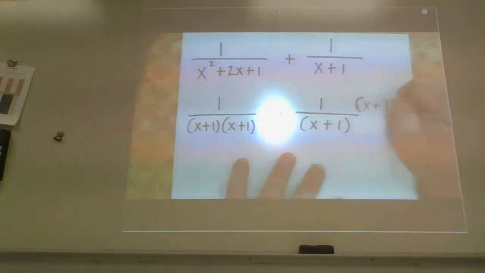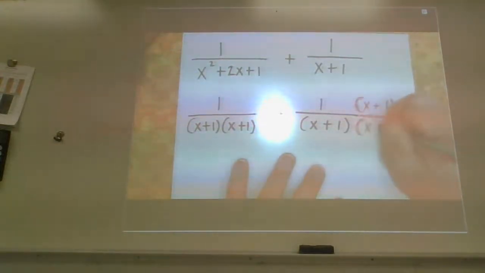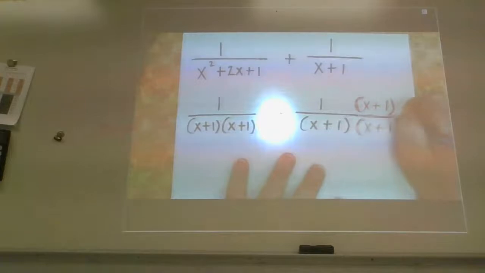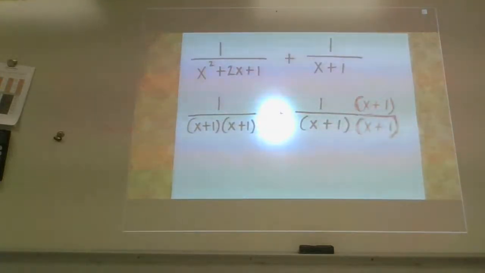I can do something like this. I can multiply the top and bottom of that second fraction in order to force a common denominator.